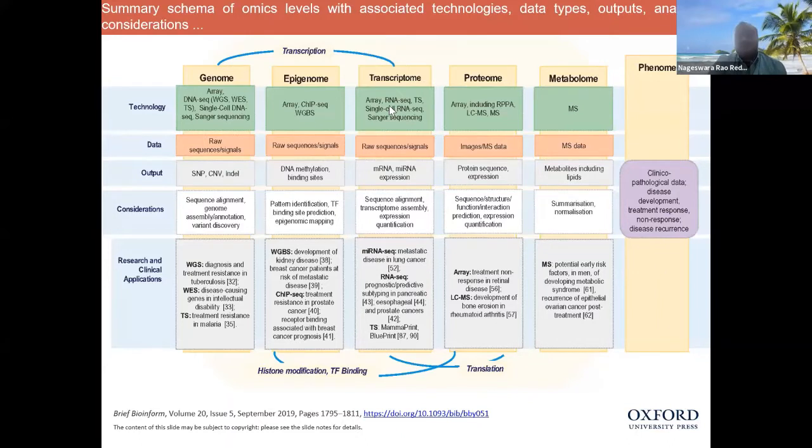Now, what do you get from this transcriptome? The technologies used are microarray, which you'll learn later, RNA sequencing, single cell sequencing, and Sanger sequencing. All these technologies will tell you how a transcript or the whole transcriptome can be sequenced. What do you get?